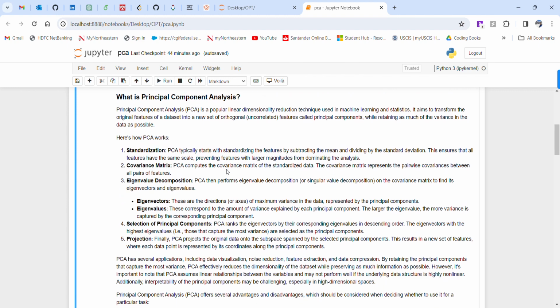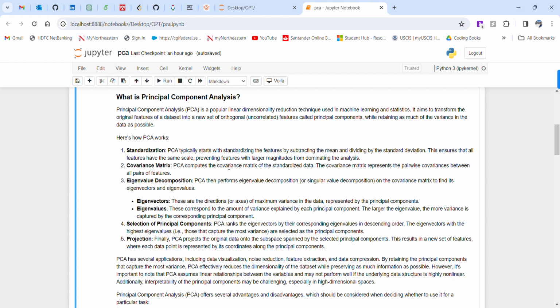You start off by standardizing the data, which is essential so that all variables have the same scale. Then you compute the covariance matrix of the standardized data, which would represent the relationships between different variables in the dataset. Next, we perform eigenvalue decomposition on the covariance matrix to obtain eigenvalues and eigenvectors.